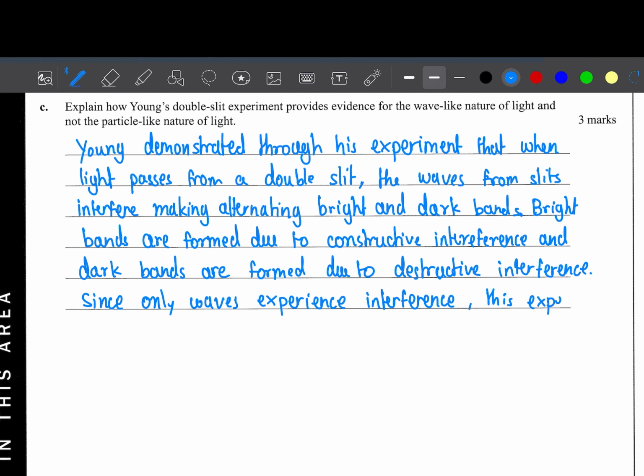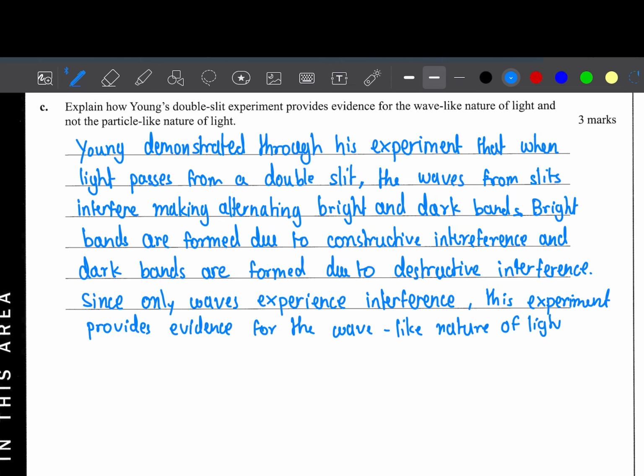This experiment provides evidence for the wave-like nature of light and not particle-like nature.